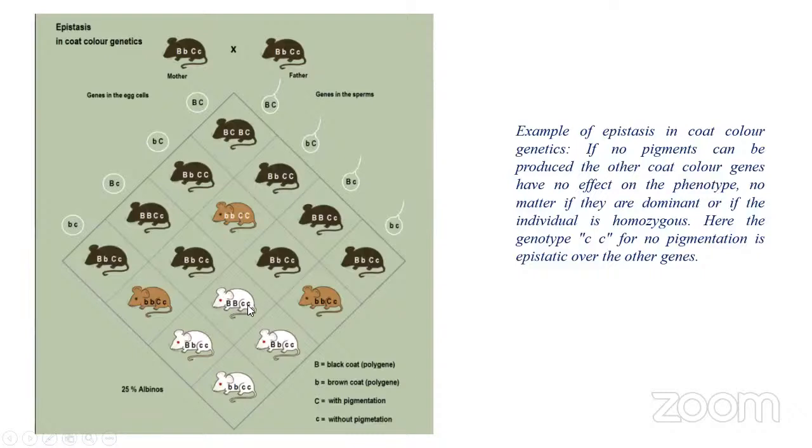That means the pigment gene is epistatic over the coat color gene, like the baldness gene was epistatic over the hair color gene. Here the pigment gene is epistatic over coat color. So this shows the example of gene interactions.